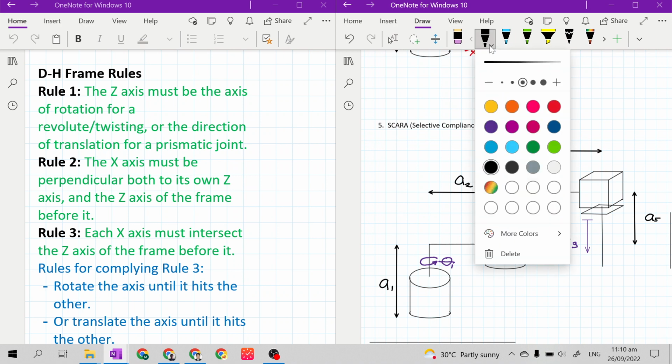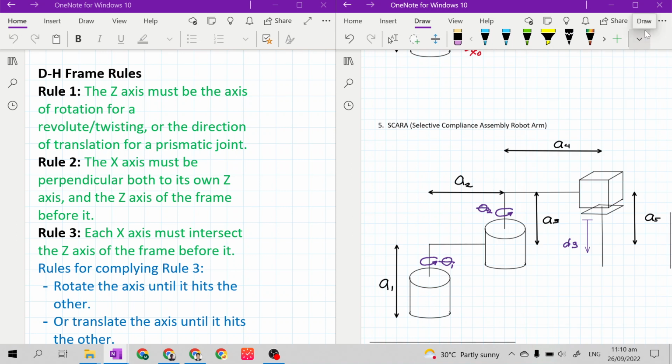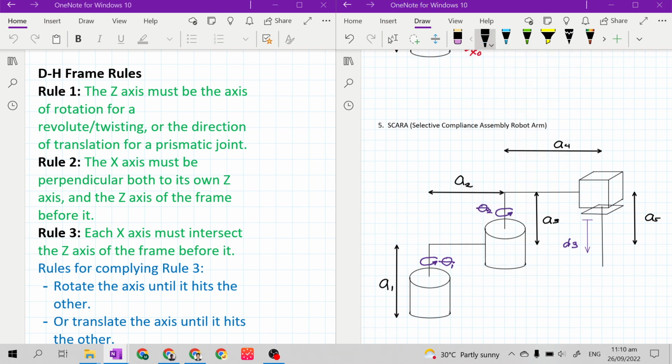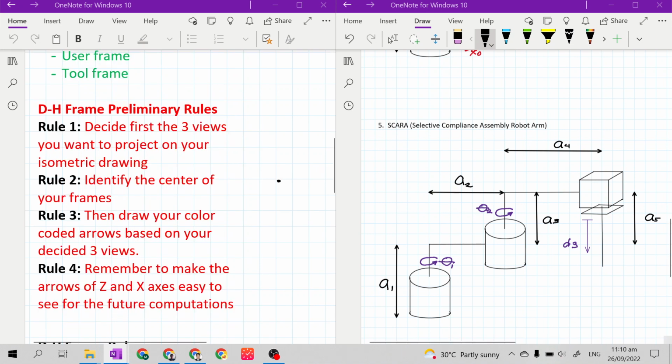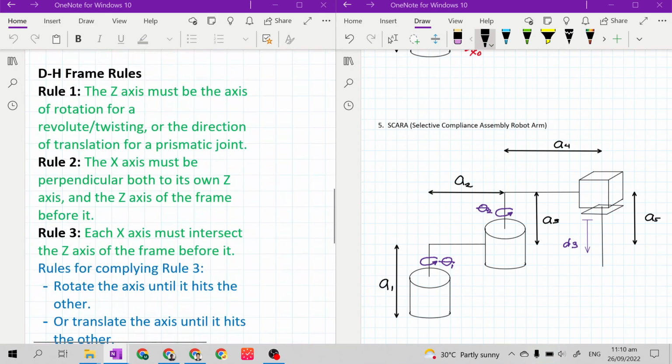Rule 1. Oh sorry, I forgot the center of our frames, or the origin of our frames. For this base, let's put it here.